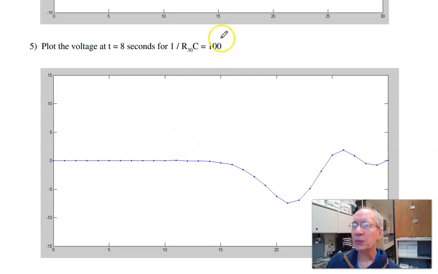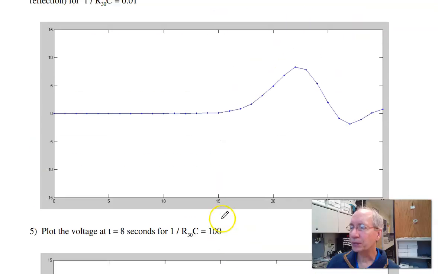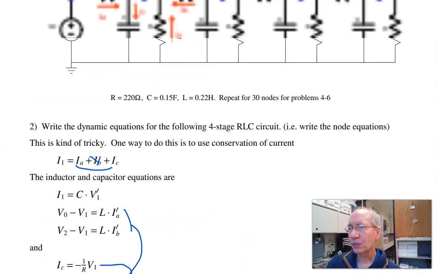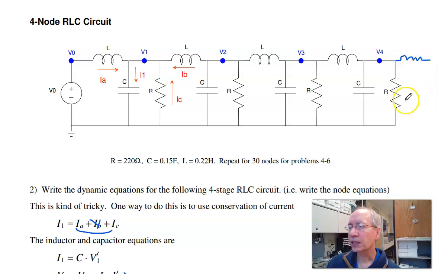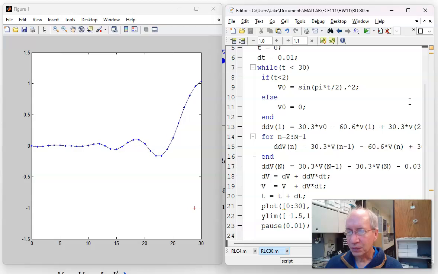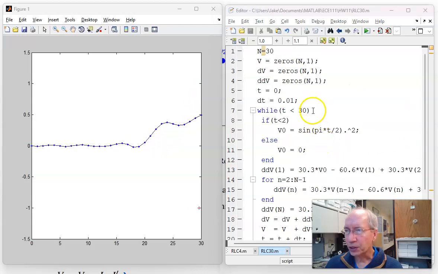Problem number 5 says, well, let's take the two endpoints. The right endpoint, going back to the circuit. If I just leave this free like this, it's a free endpoint. What that one does is this. Let's just run it for 8 seconds.